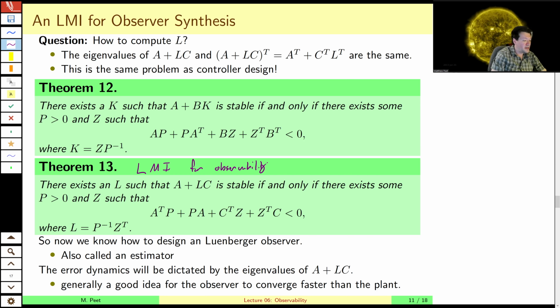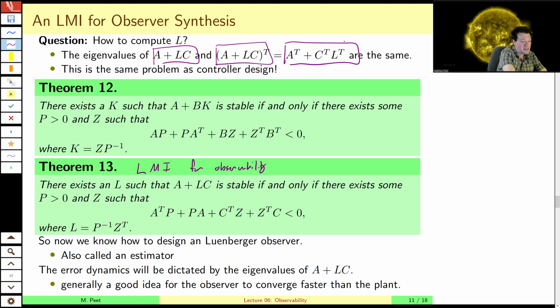We can see that just by saying that the eigenvalues of A plus LC are equal to the eigenvalues of A plus LC transpose. Take a transpose of a matrix and the eigenvalues don't change. And so we can find a K such that A transpose plus C transpose K is stable for the controllability case. We can use that result to design an observer as well.